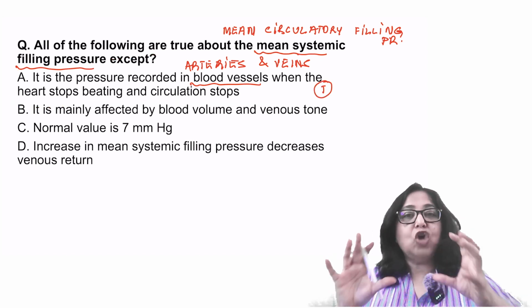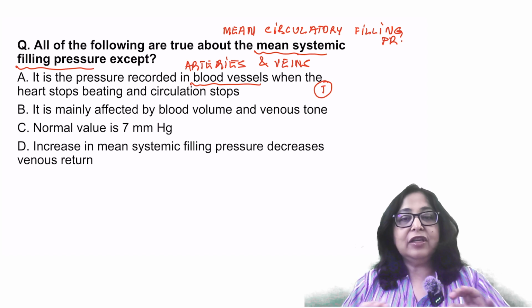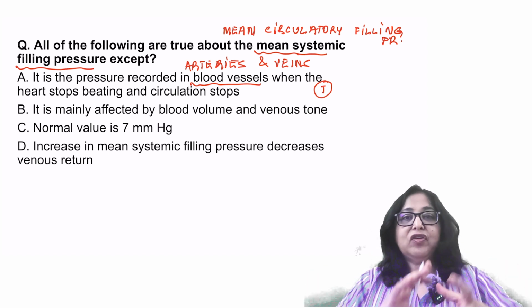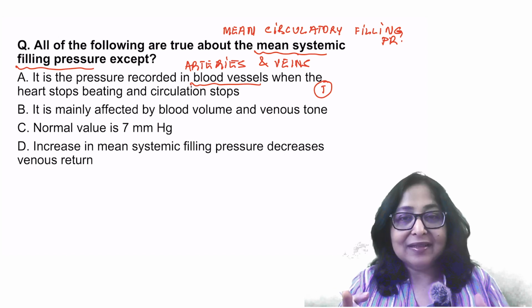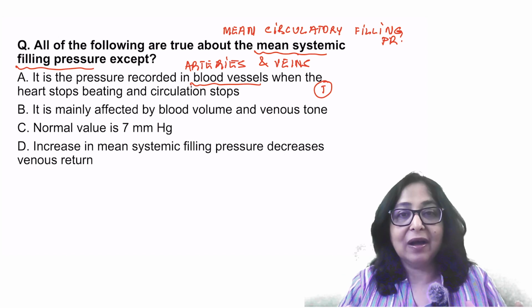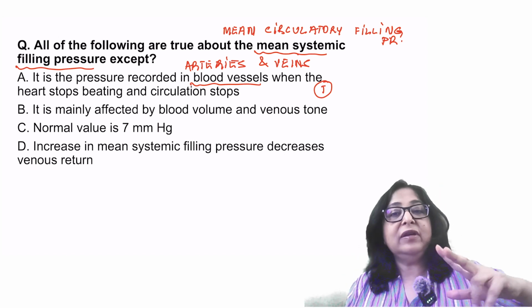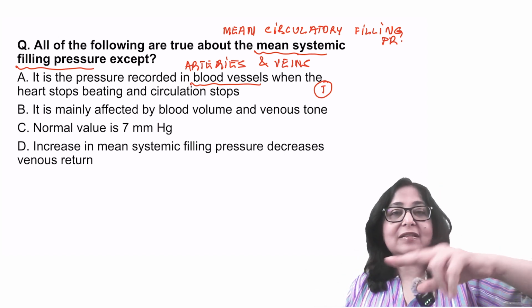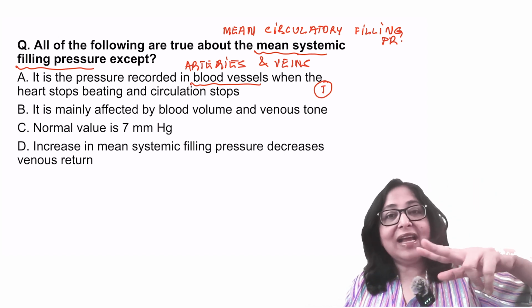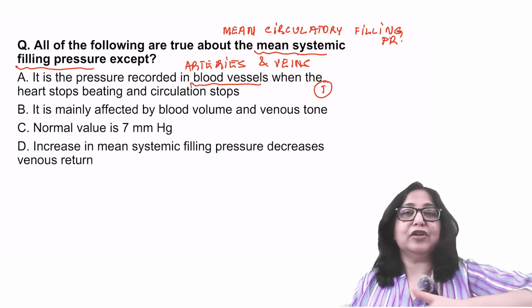When the heart stops beating and the circulation is at a standstill, that means I've created a cardioplegia. I've stopped the heart from beating. There is no force from the heart. Or I could even clamp the great vessels entering the heart or emerging from the heart. If I clamp the great vessels, again the circulation will stop.